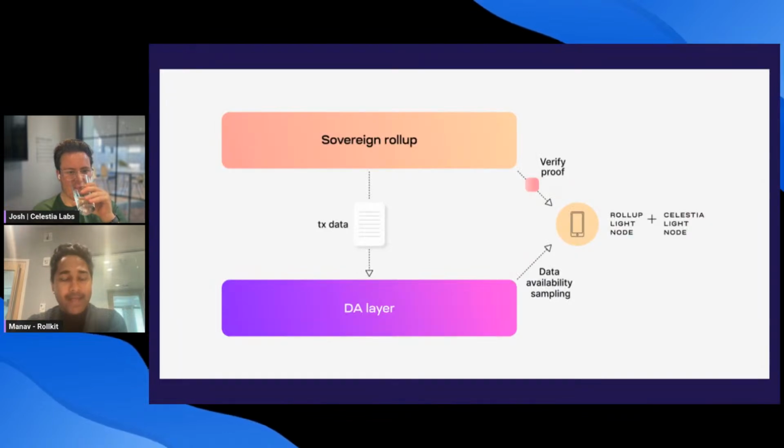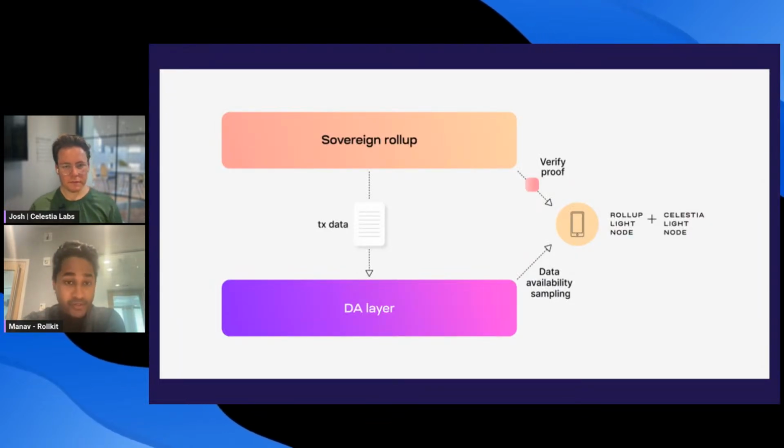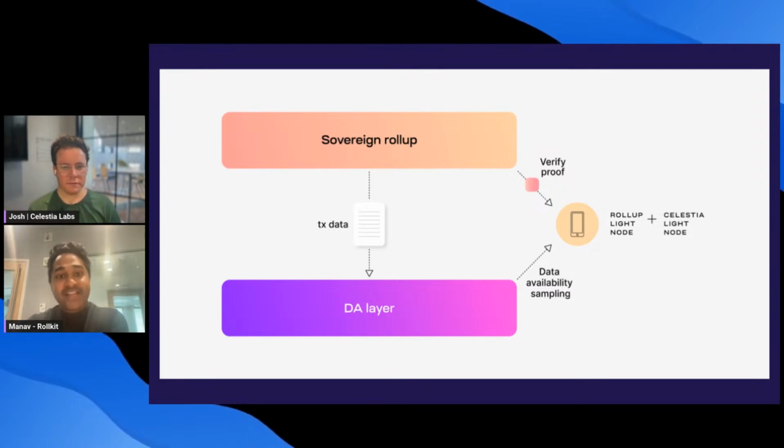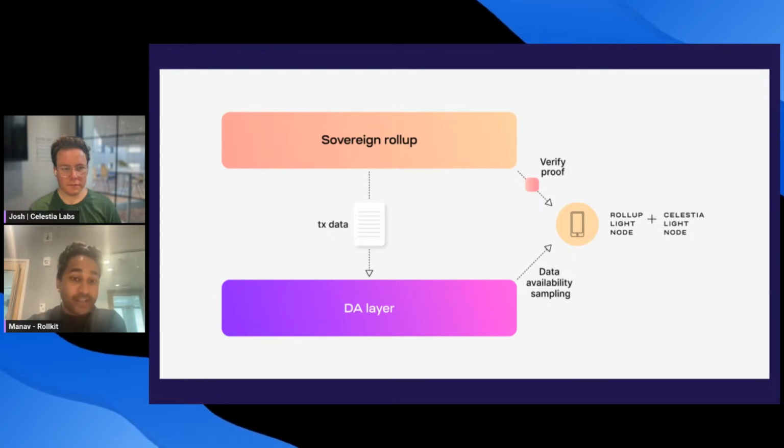Yeah, and this is another diagram to visualize what a sovereign rollup is doing. It is posting its transaction data. The rollup blocks that get produced get posted to the DA layer, and that's what the transaction data is.